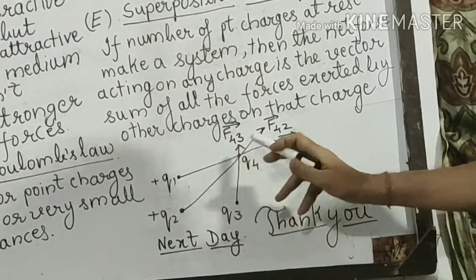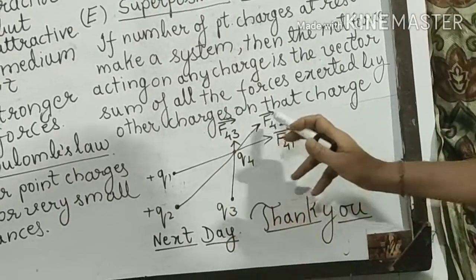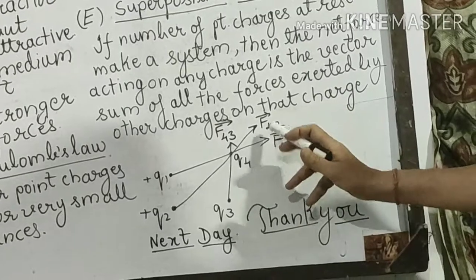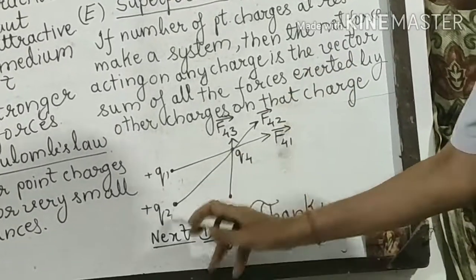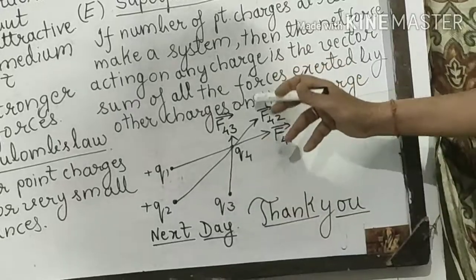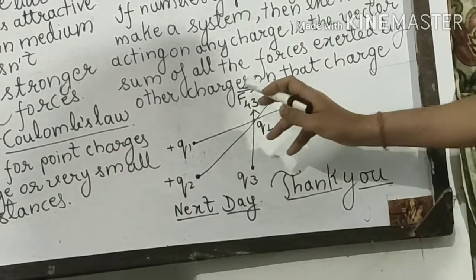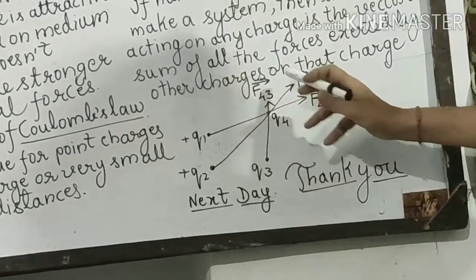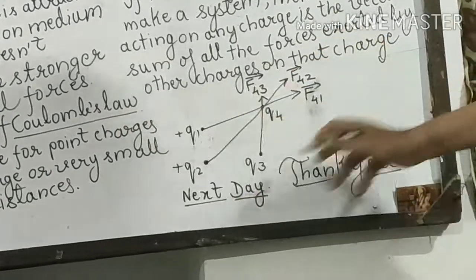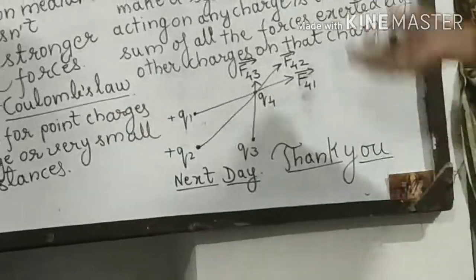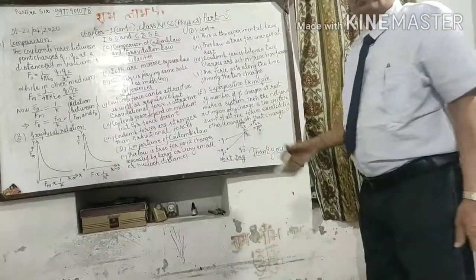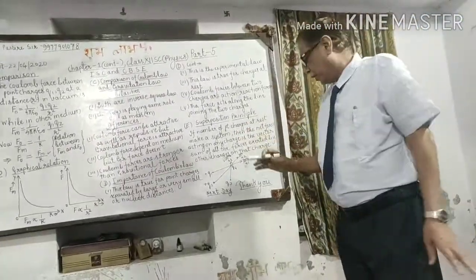Then Q2 will also exert a force on Q4, which is F42, the force on Q4 due to Q2. Q3 will also exert a force on Q4, which is F43, the force on Q4 due to Q3. Next day we will discuss more about the principle of superposition and vector form.